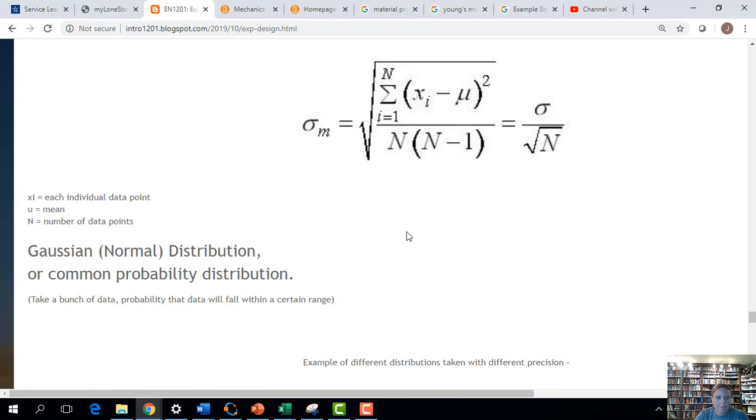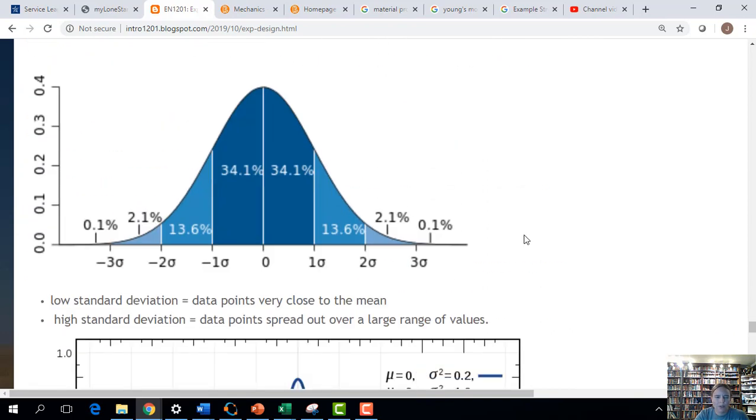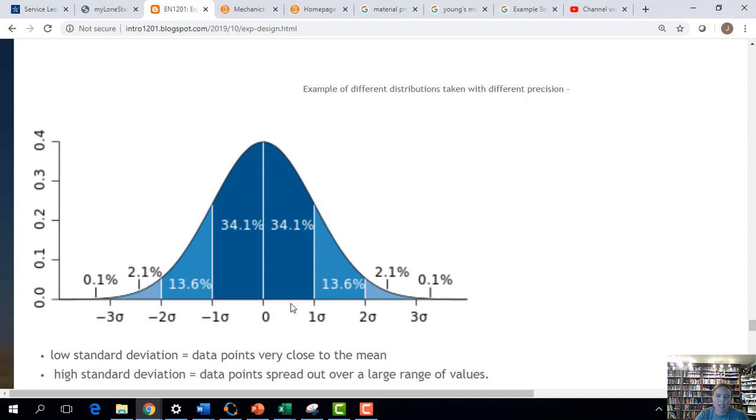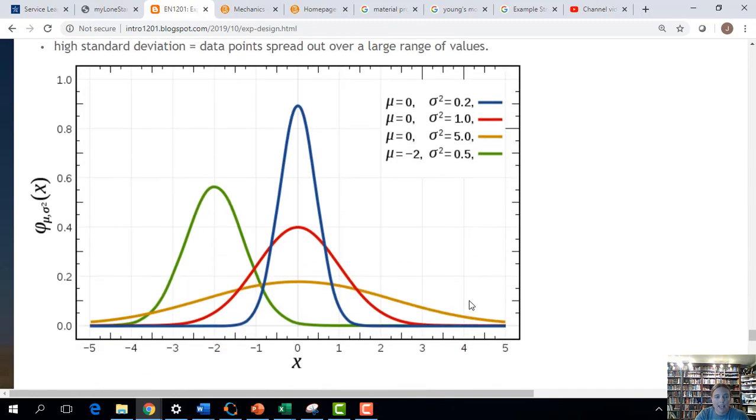Okay, so talking about standard deviation, and this is used over and over and over again, it describes the shape and width of Gaussian distributions, normal distributions. And this would be like if you take the same measurement 100 times, and a lot of the measurements will end up at some average. So maybe the average is around 0, or maybe the average is down here, but then you'll have some outliers, right?